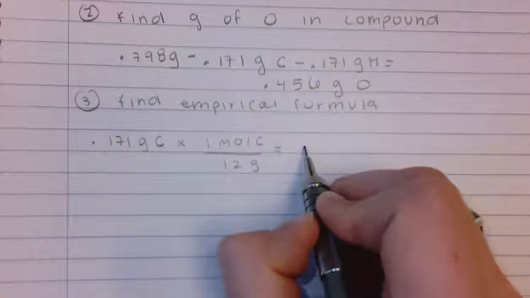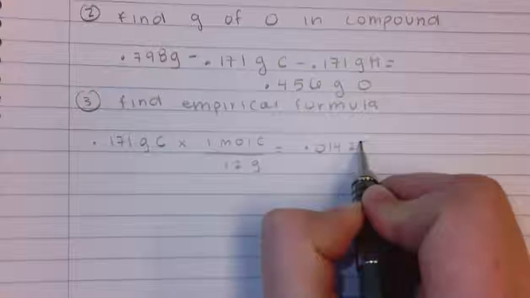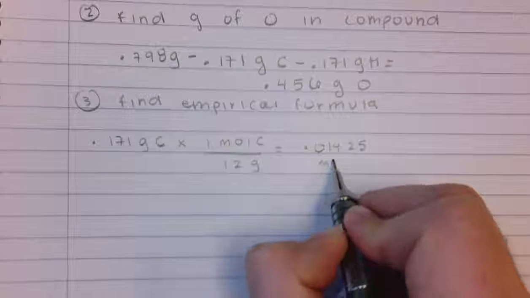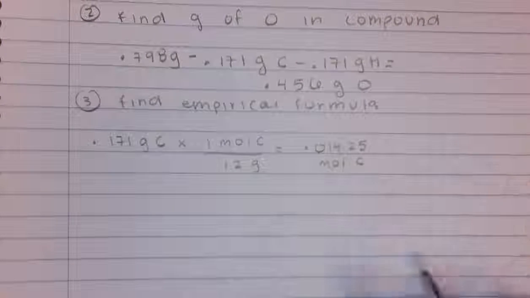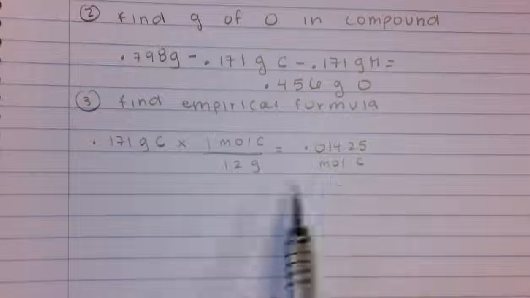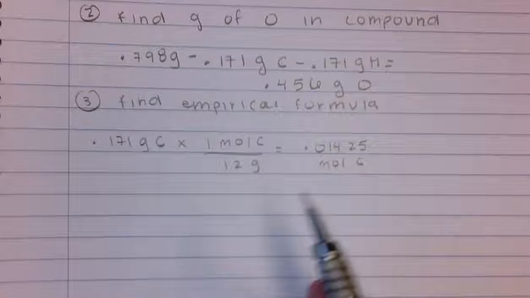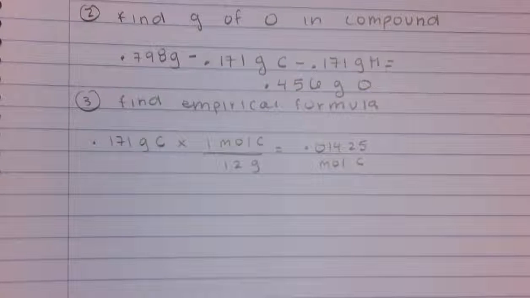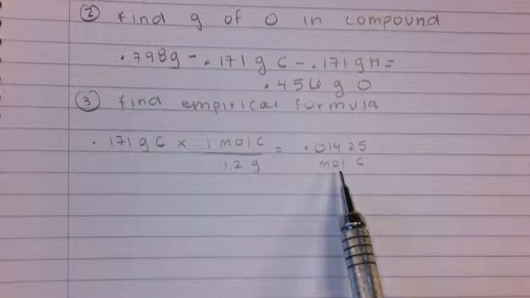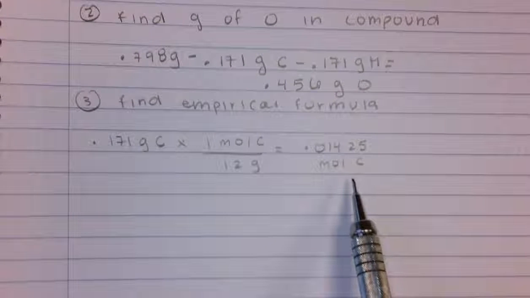And I get 0.01425 moles of carbon. And in my calculator, I don't round, I just plug in the values I get each time I go, but I'm just trying to show you guys some accurate values I'm getting.